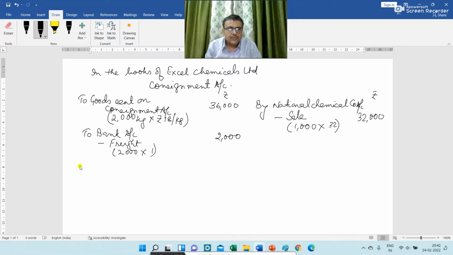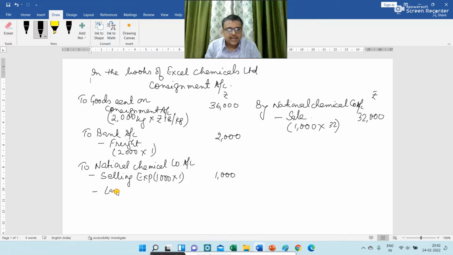Now the consignee has paid the following expenses. So on the debit side I am writing to consignee account or National Chemical Company account. First is the selling expense. 1000 kg was sold at rupee 1 per kg, so selling expenses stood rupees 1000.